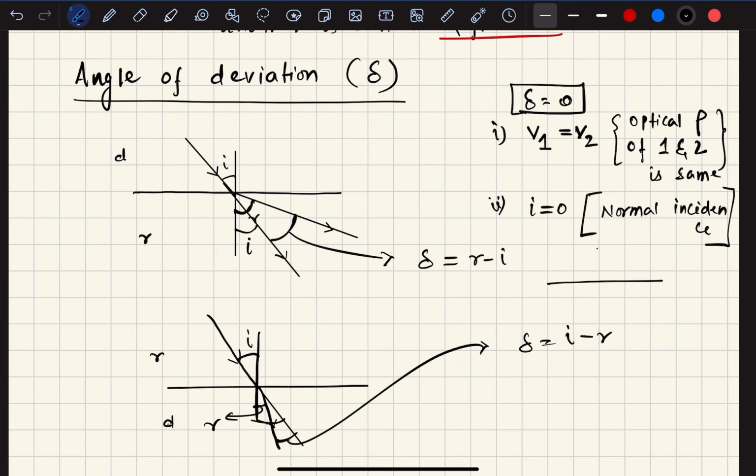No. If this is your normal and if the incident ray is falling at 90 degree to the surface of the refracting surface, then the refracted ray will go like this. So here angle of incidence is 0 degree, because angle of incidence is defined as the angle between incident ray and the normal. So that is basically non-existent over here. So that is why the angle of incidence will be 0 degree, although it will be called as normal incidence.